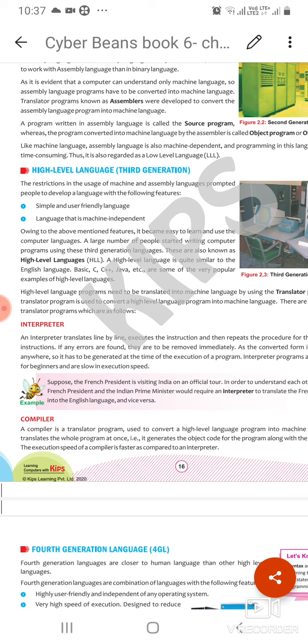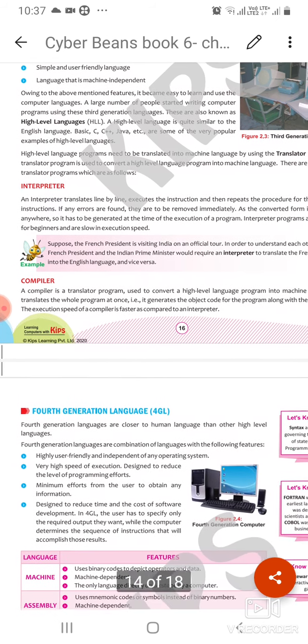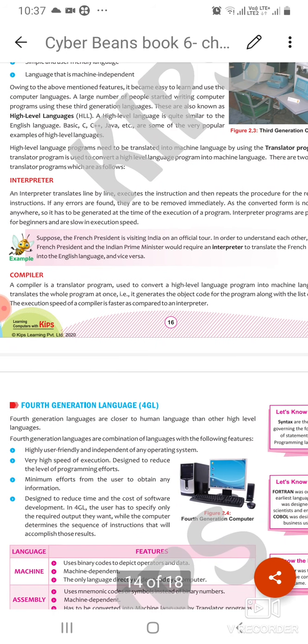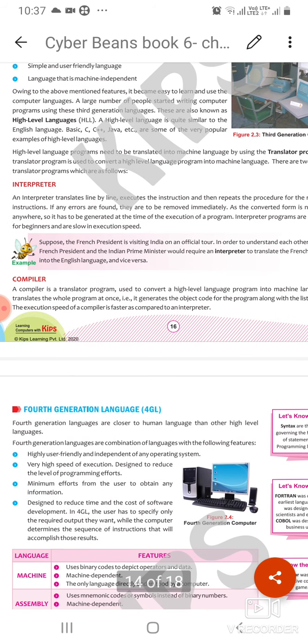Both interpreter and compiler are used to convert a program written in high level language into the machine code understood by the computer. Now let us discuss what an interpreter is.